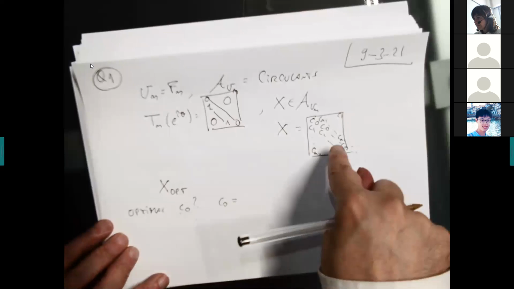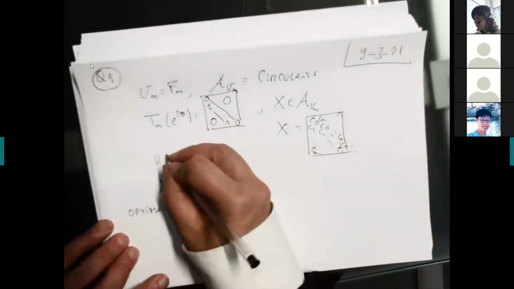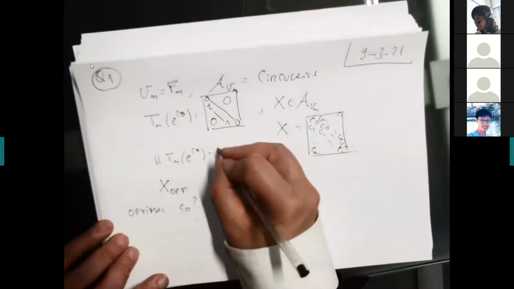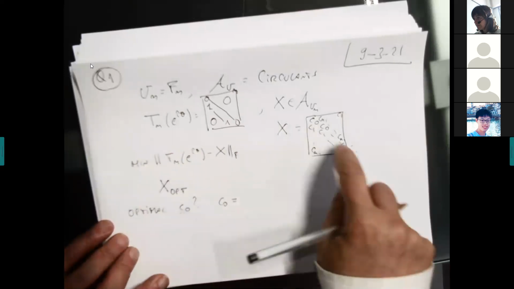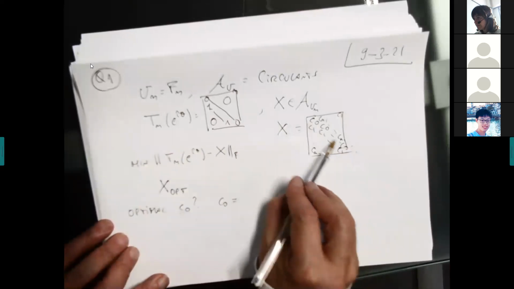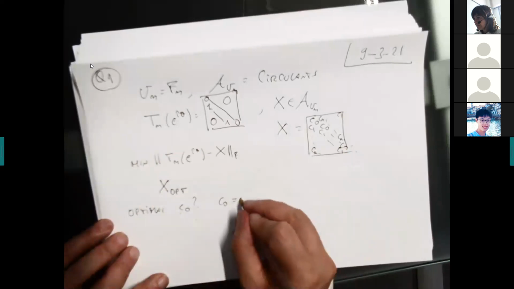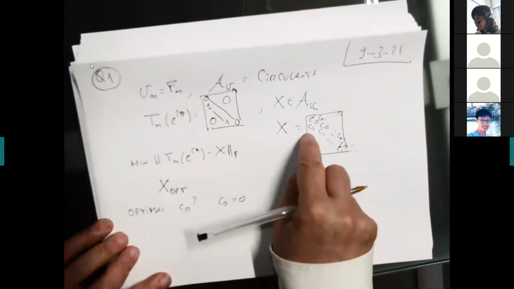If I make the difference between this and this, which is the optimal coefficient C0? 0. Now you have C2 here.